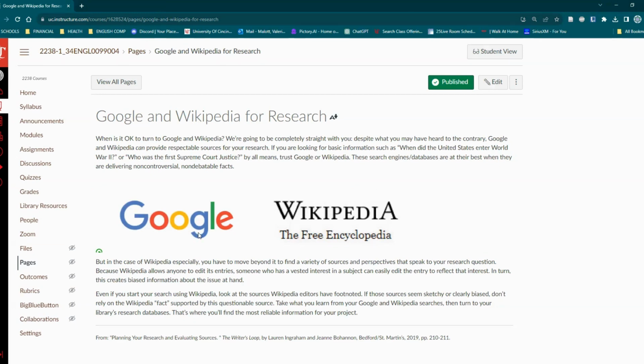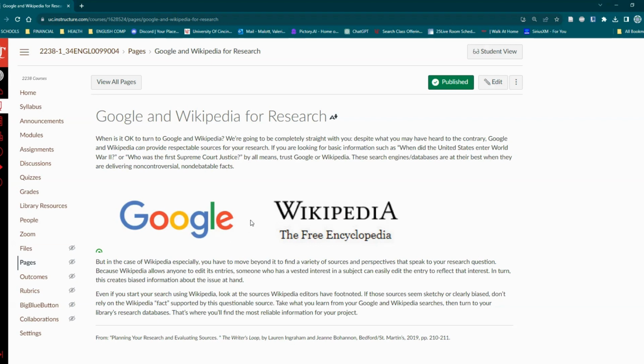Google as a search can be fantastic. Again, it can be a good jumping off point. However, as your sole source of research, you really have to be careful as far as what comes up in your searches to make sure that those are reliable and credible sources.